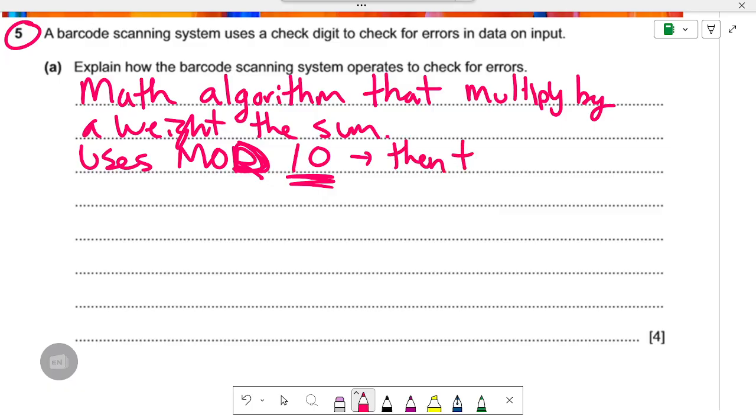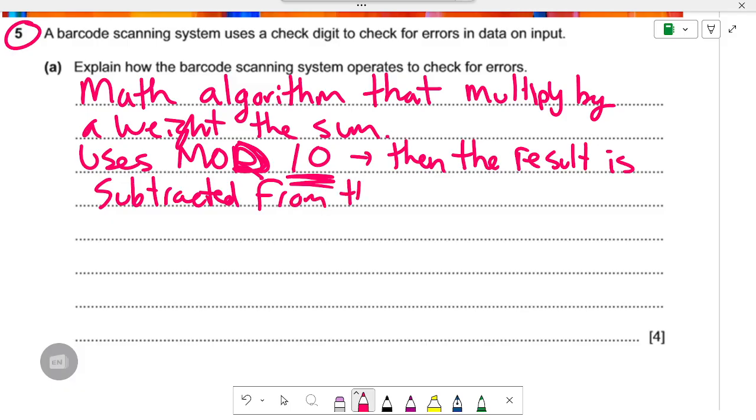Then the result is subtracted from the modulus number. Will give me a result, okay?